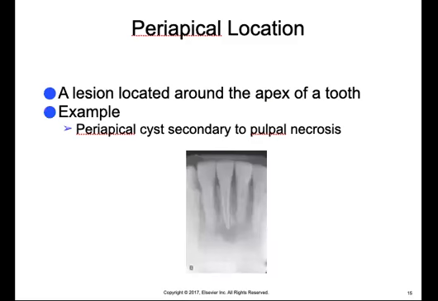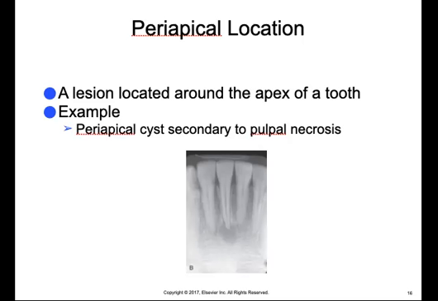So here we have a periapical location. A periapical location is just when you see a lesion that's located around the apex of a tooth. For example, a periapical cyst secondary to pulpal necrosis is basically a fancy way of saying that there is an infection at the root of the tooth.